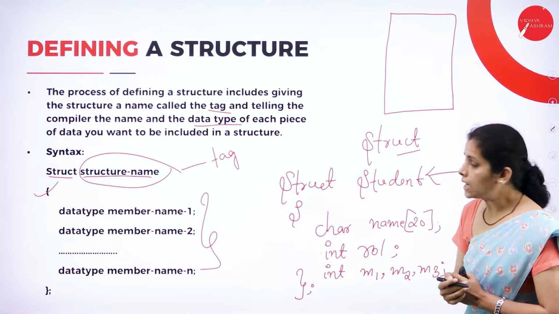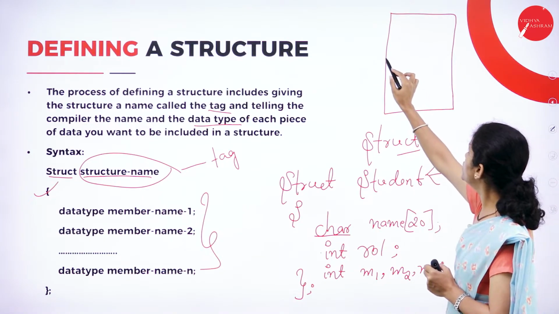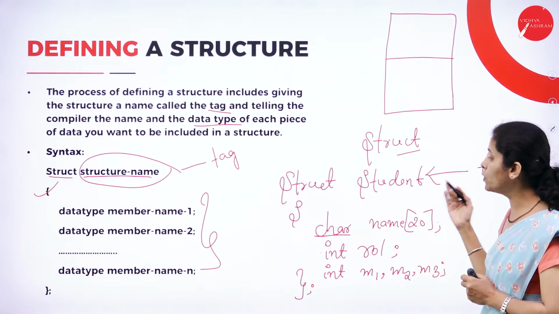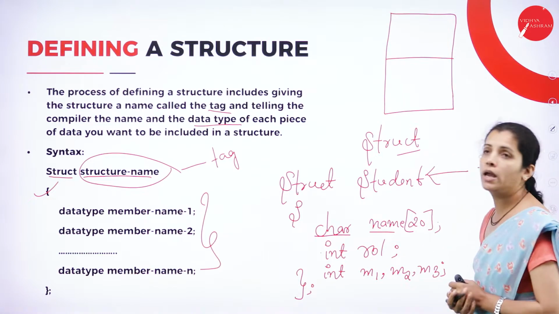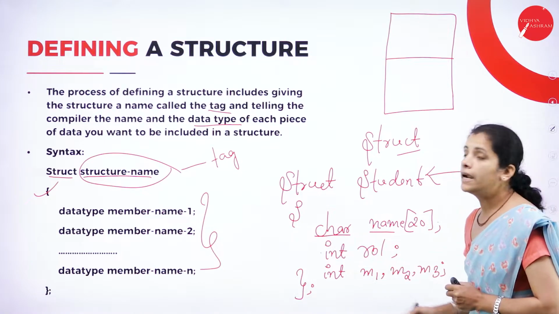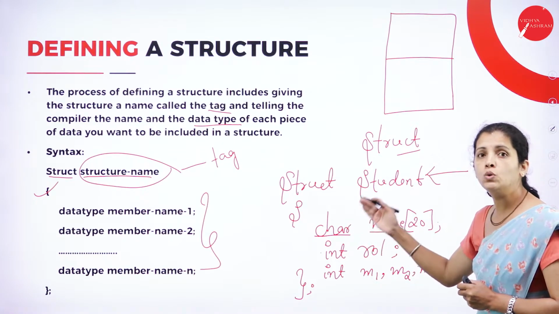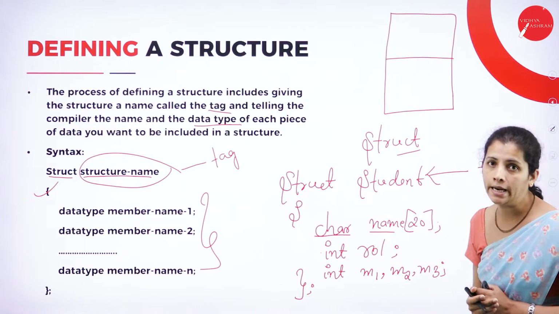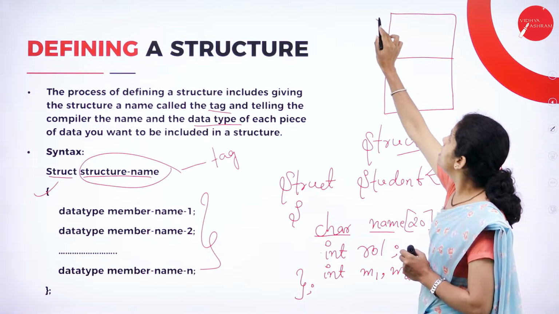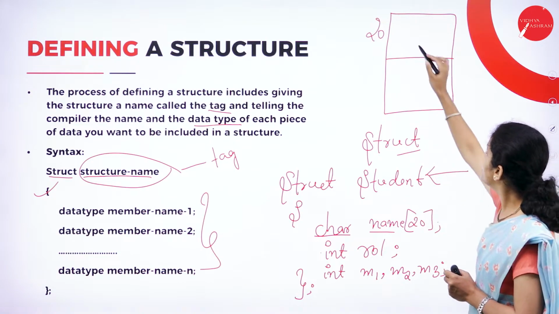When the compiler encounters name, it allocates 20 bytes of memory for this variable, because the data type here is character and it can hold only 1 byte at a time. So 1 into 20 bytes of memory is reserved for this name.